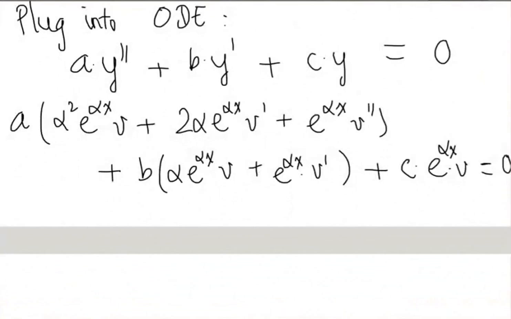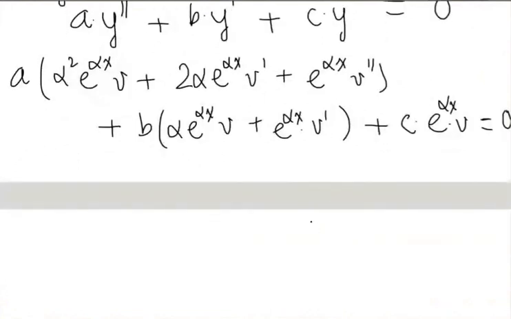Now keep in mind that v is an unknown function that we're looking for. Let's distribute and collect like terms, in the way that we will collect the derivative of v.